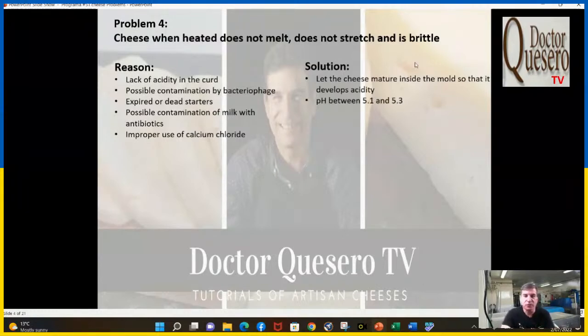The other reason, your pH, if you want to monitor this, should be between 5.1 and 5.3. But sometimes you can get a stretchy curd at 5.0 because, as I said before, your level of calcium was too high. And by increasing the acidity, which means lowering the pH to 5.0, to put an example, your level of calcium was at the right point, and now you could get a stretchy curd. Okay?